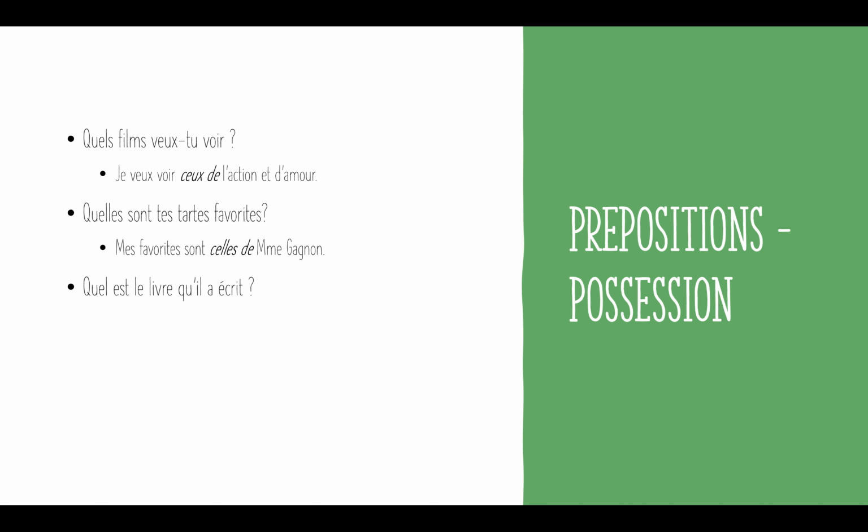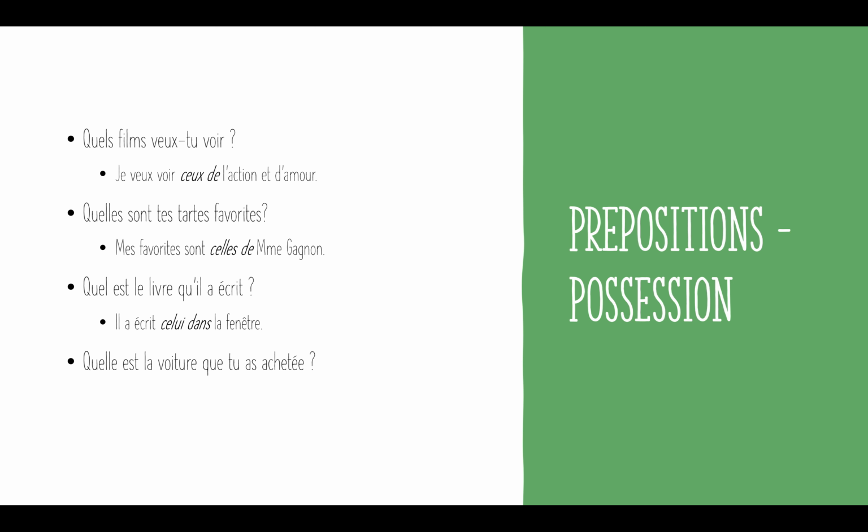He wrote. Well, livre precedes écrit. So were this plural or were this feminine, we would have something on écrit. Because it's masculine, we don't. All right, so quel est le livre qu'il a écrit? Il a écrit celui dans la fenêtre. He wrote the one in the window.